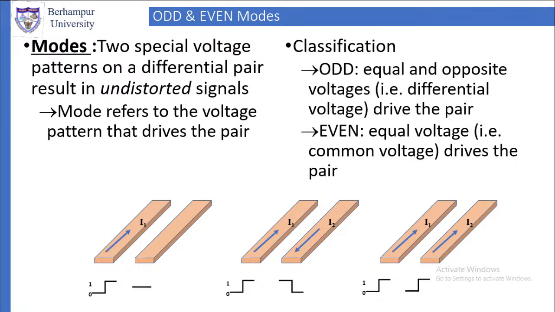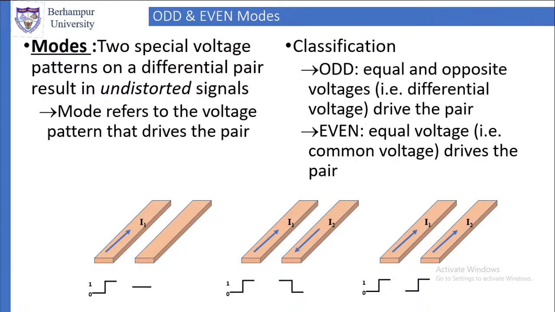This we can also see in terms of odd mode and even mode. In the odd mode, on line 1 I have I1, on line 2 I have I2, but I1 and I2 are equal and opposite voltages. So that is odd mode. Equal and opposite voltage, or the differential voltage, drives the pair in the odd mode. In the even mode, you can see I1 and I2 are the same. So equal voltage, or common voltage, drives the pair.